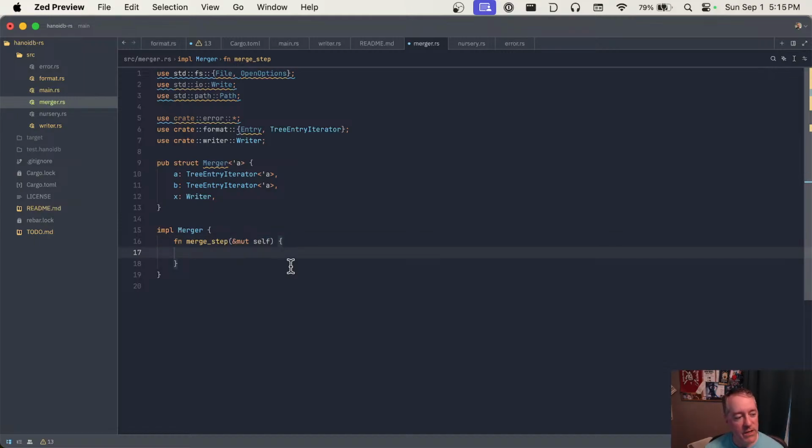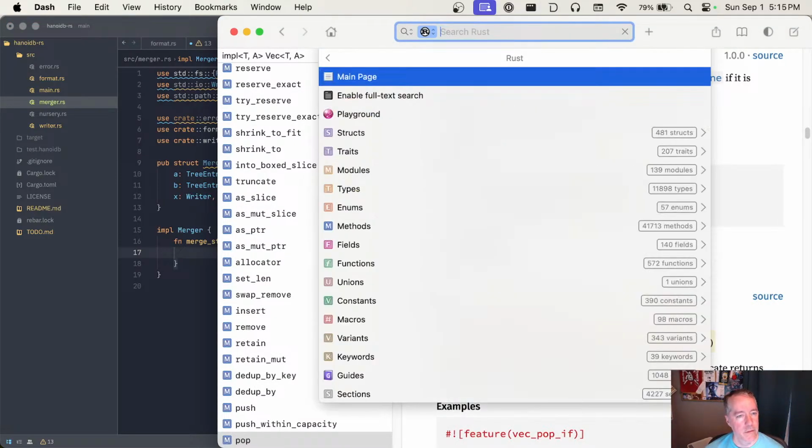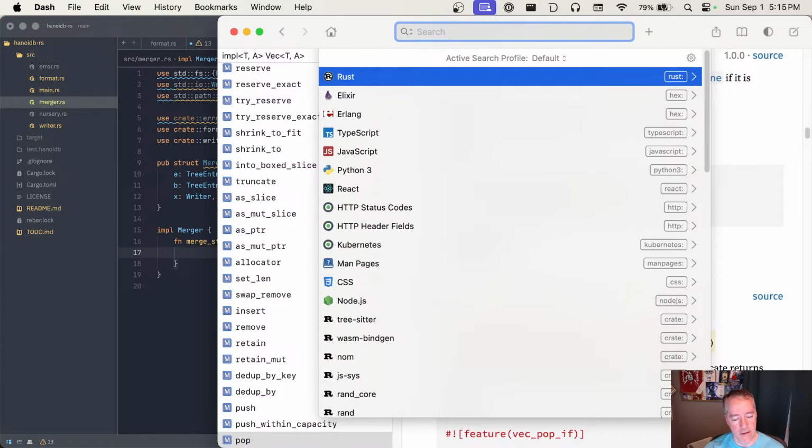And my goal here is not to do the entirety of the swath of merge steps that we want to do. I just want to do one: compare the two keys and write the winner to the file. So what I need to look at is iterator.